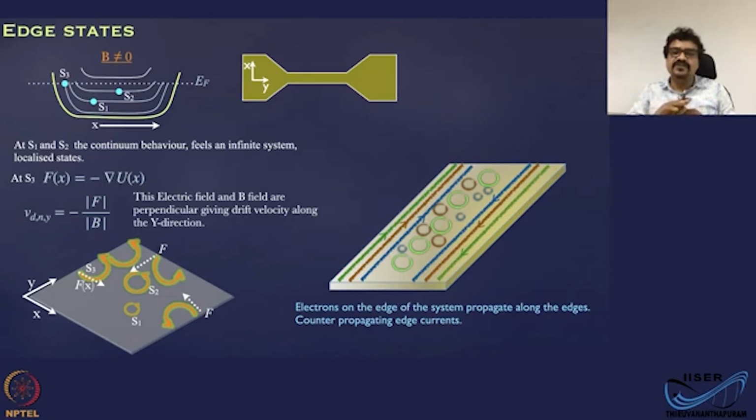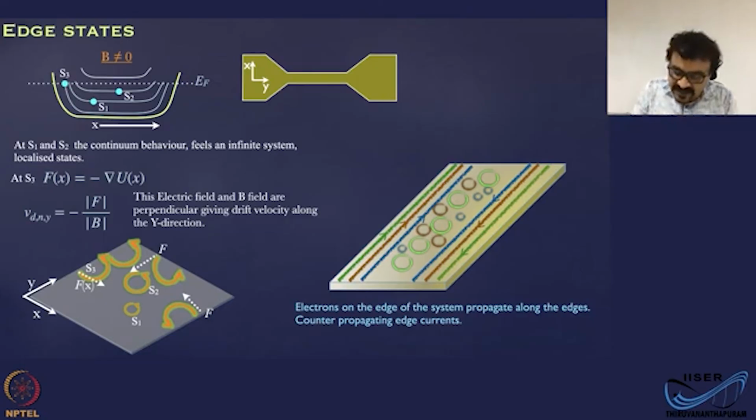So you have magnetic field normal to the plane and force which is laterally into the bulk of the material. What that means is, the electron at the edge will undergo cyclic motion, but they also feel another Lorentz force which is perpendicular to both the direction of B and also F, that is along the edge.